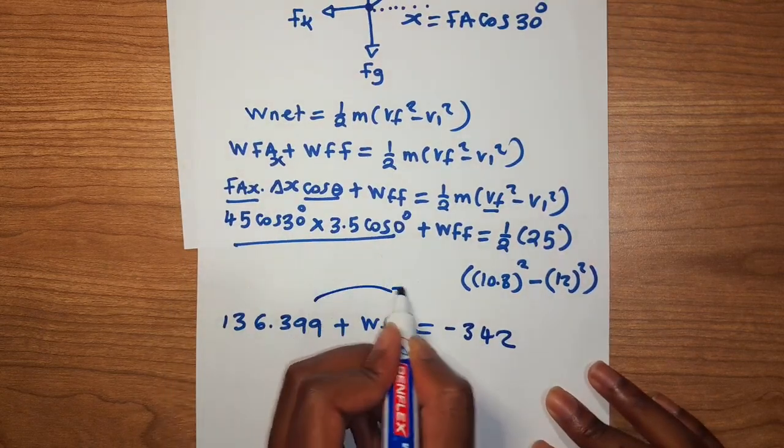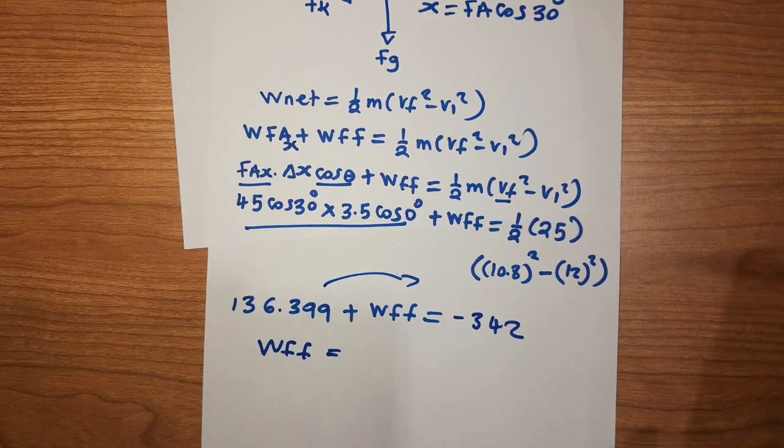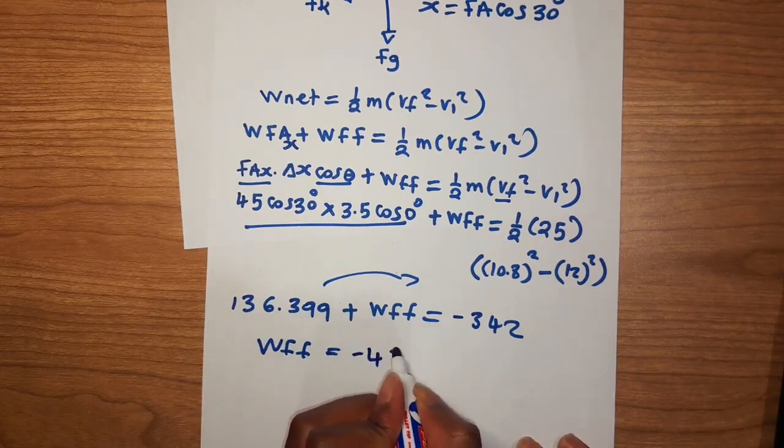So I'm going to take this into the other side. So the work done by friction is going to be minus 342 minus 136.399.